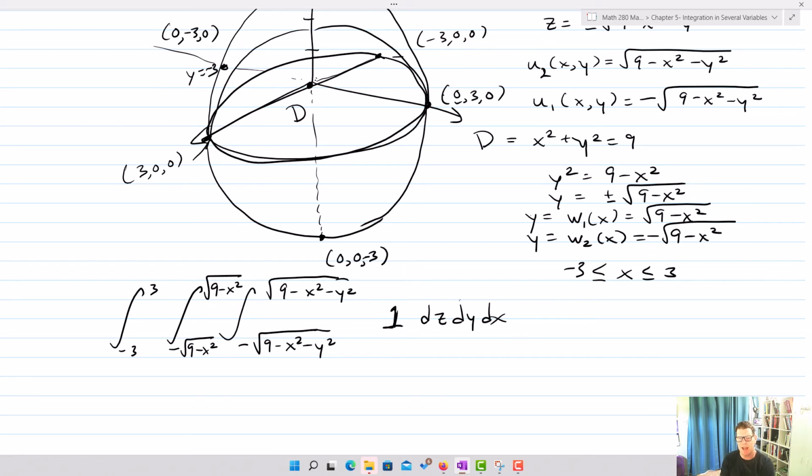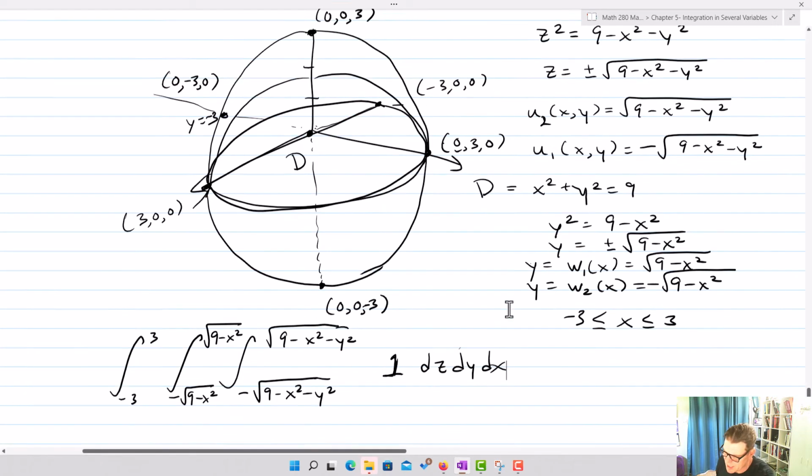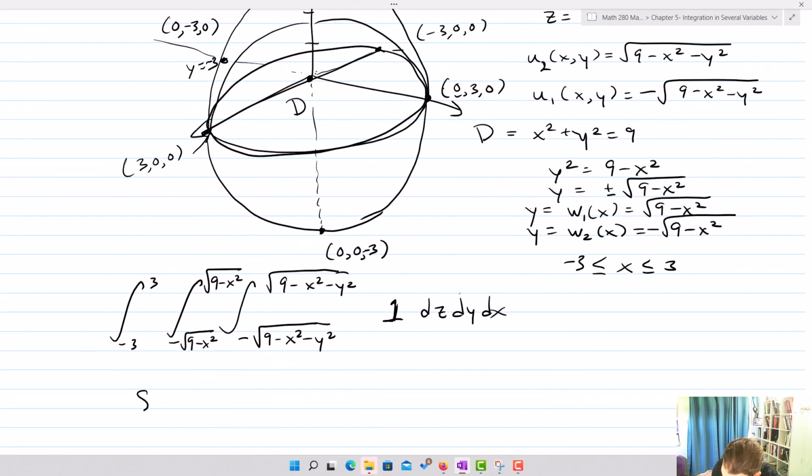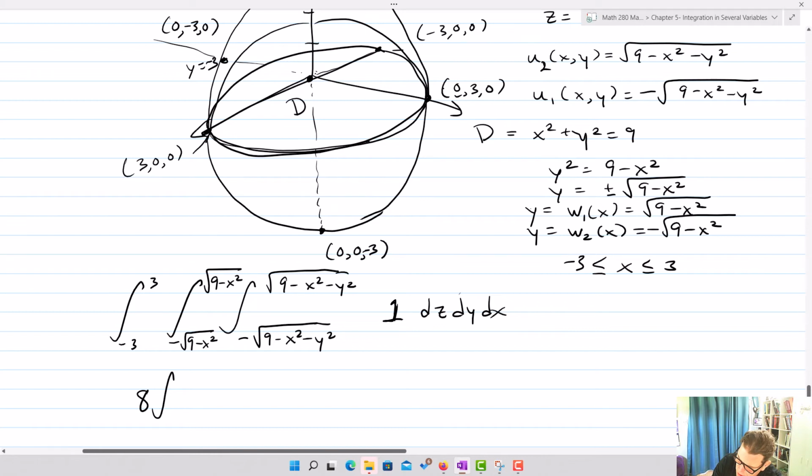But what I do want you to notice is that since we're symmetric with respect to the x-axis, the y-axis, and the z-axis, we could just take 8 times the first octant, the positive octant.